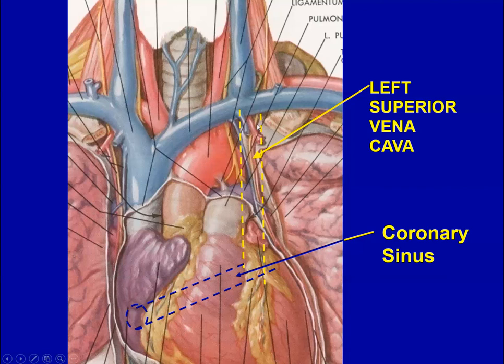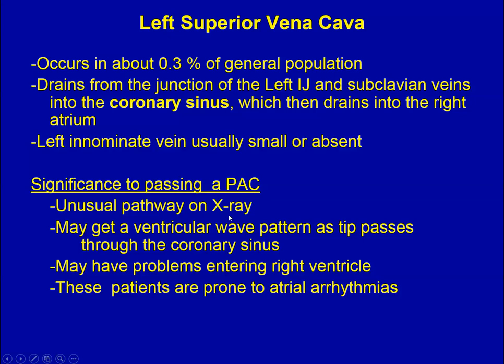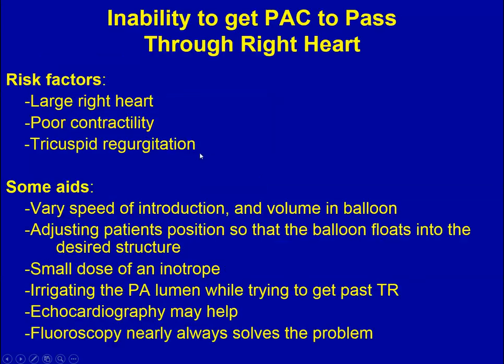Another unusual anomaly is a left superior vena cava, which is present in about 0.3% of the normal population and will cause an unusual course of the pulmonary artery catheter. This is summarized on this slide.